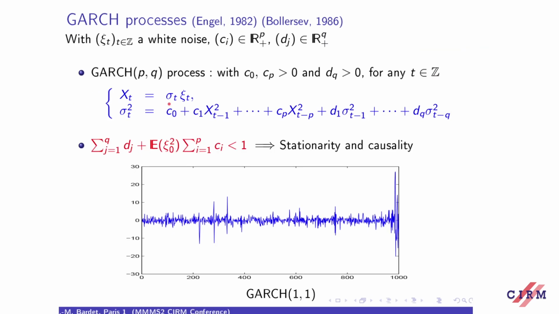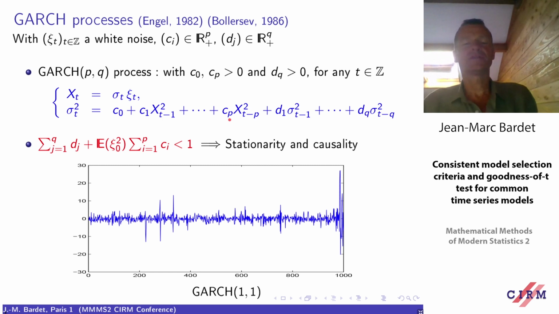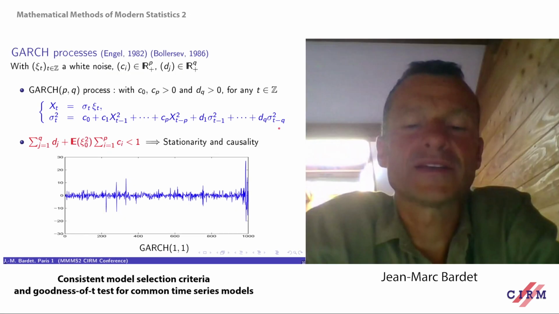Sigma_t is the volatility, and so sigma_t squared is equal to c0 plus c1 Xt-1 squared, plus ... plus cp Xt-p squared, plus d1 sigma_t-1 squared, plus ... plus dq sigma_t-q squared. Okay, so we see here that the volatility, which is an instantaneous variance, is depending on the past.